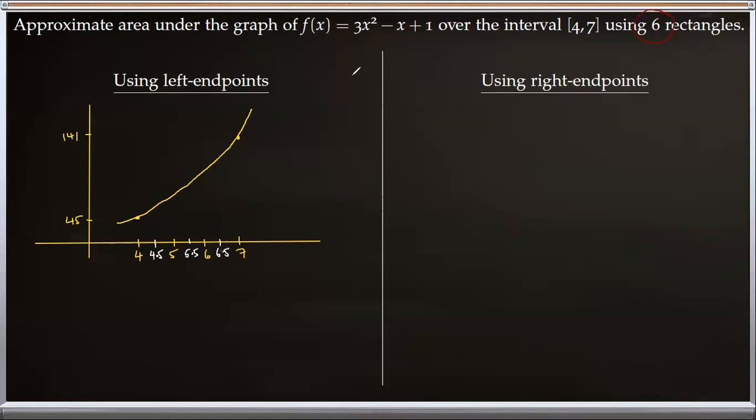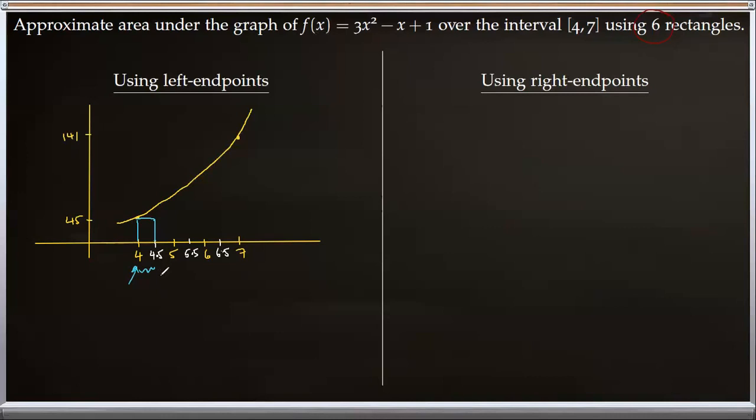So now we want to draw 6 rectangles using these 6 sub-intervals, and look at the left endpoints in the first part. So our first interval is this one from 4 to 4.5 and our left endpoint is 4. So I'm going to draw a rectangle at 4 so that the height goes up to the curve.